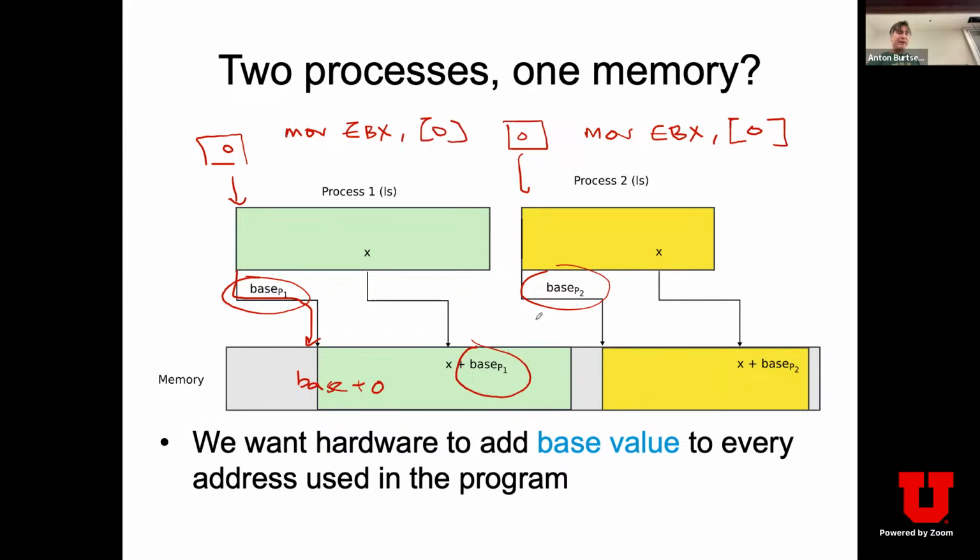Because the base is different and the base is controlled by the operating system, the physical address will be somewhere in a different range, right? So we just shifted the address space.